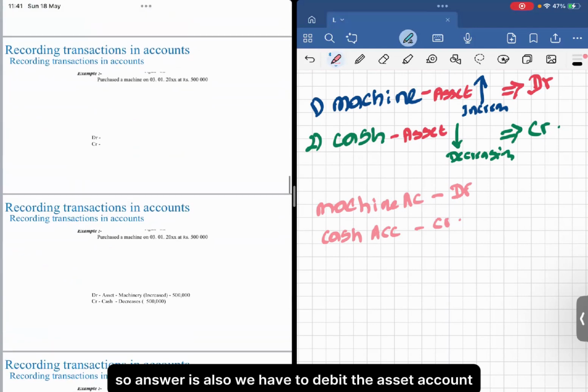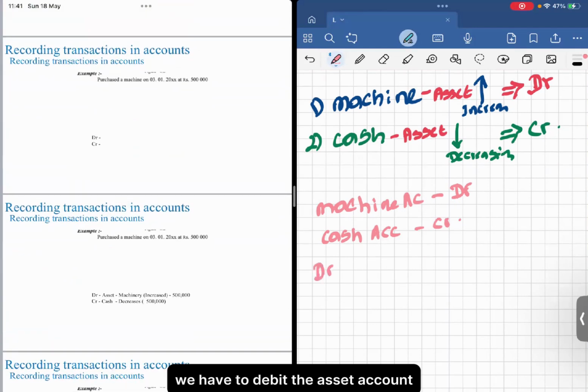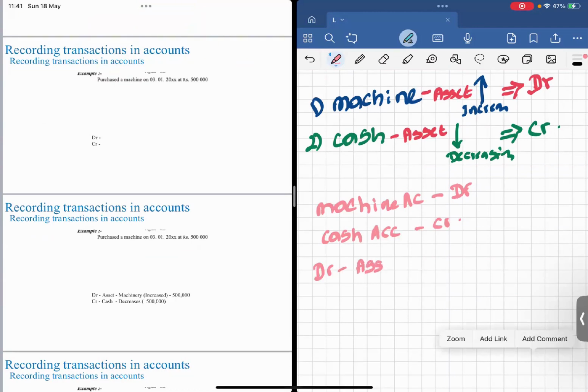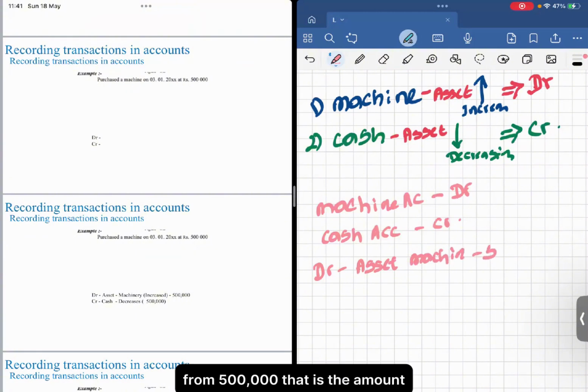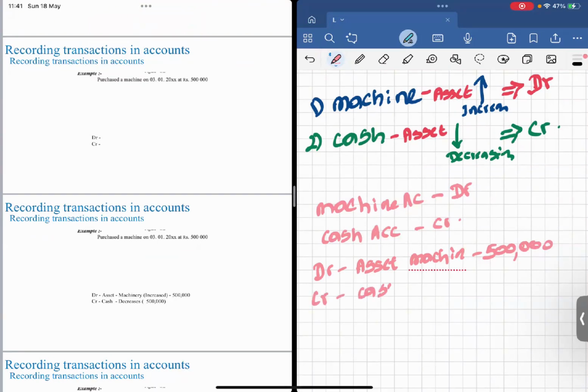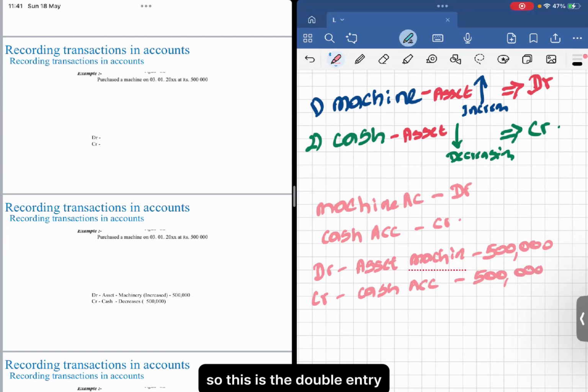Let's look at the answer as well. The answer is also, we have to debit the asset account, machine, 500,000, that is the amount, and we have to credit the cash account, 500,000. So this is the double entry.